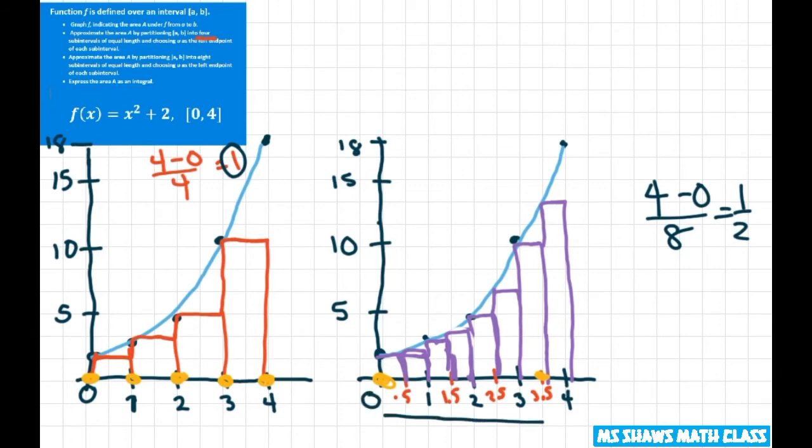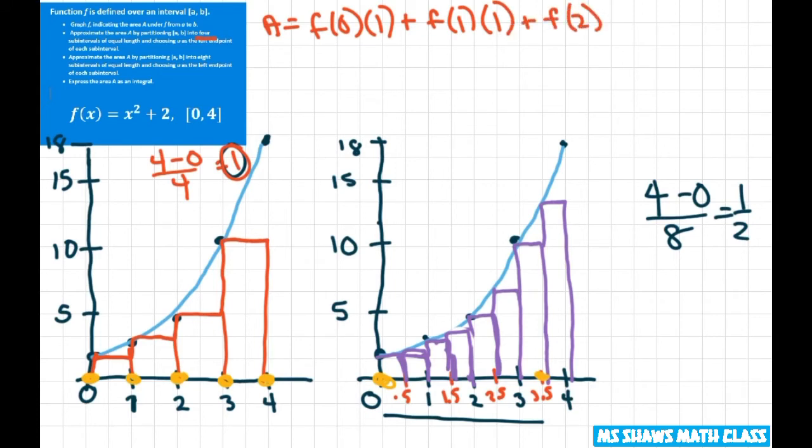So the way you do that, for the first one, we're going to do area equals f of 0 times the intervals you have. So that's going to be 1 plus f of 1 times 1 plus f of 2 times 1 plus f of 3 times 1.